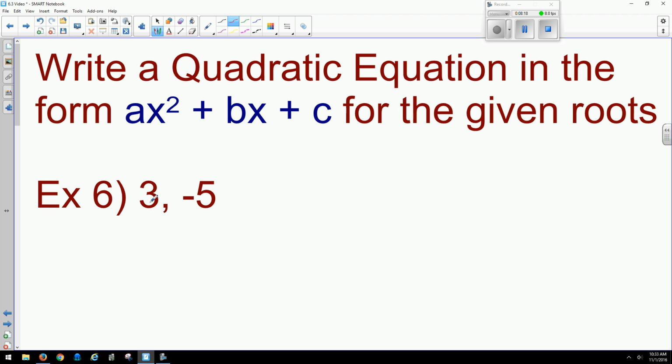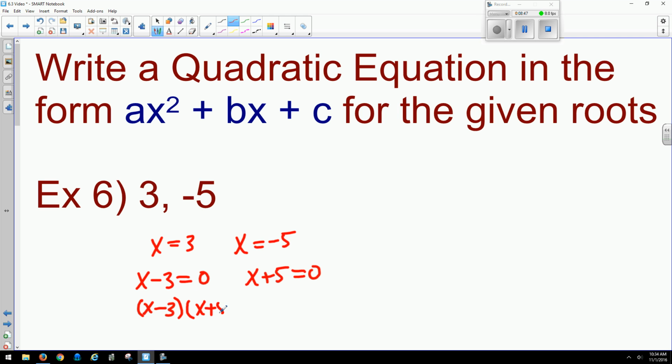So really what this is telling me, if these two numbers are the roots, that's telling me that x equals 3 and x equals negative 5. The next step, if I'm going backwards, is to solve it, set each one equal to 0. So this means I would have x minus 3 equals 0. This would be x plus 5 equals 0. Then I'm going to put each one in a set of parentheses and multiply it out.